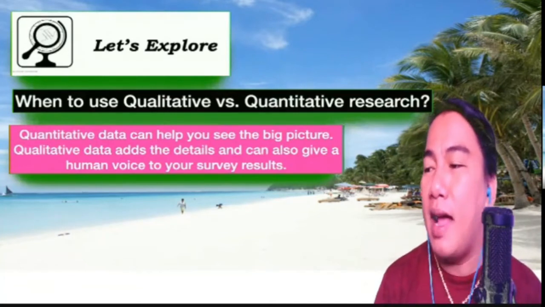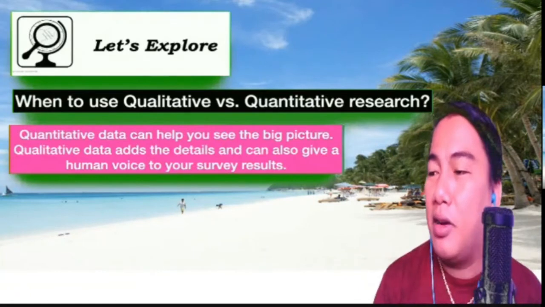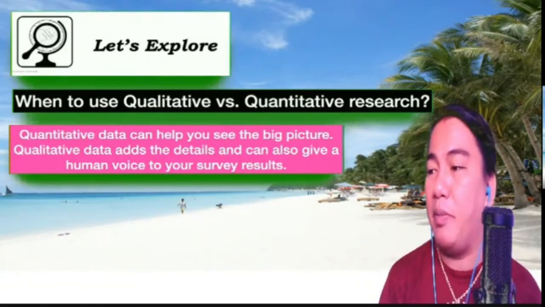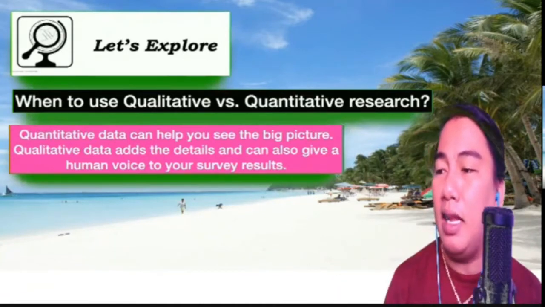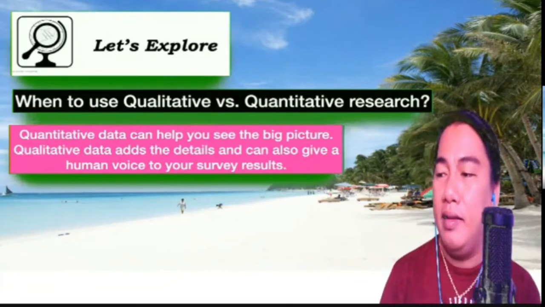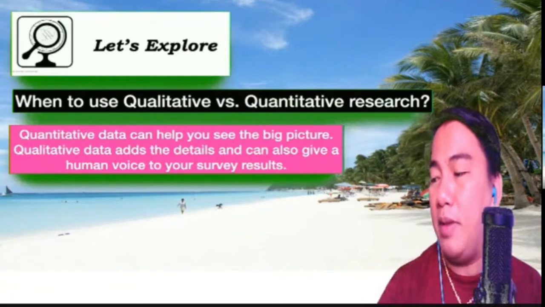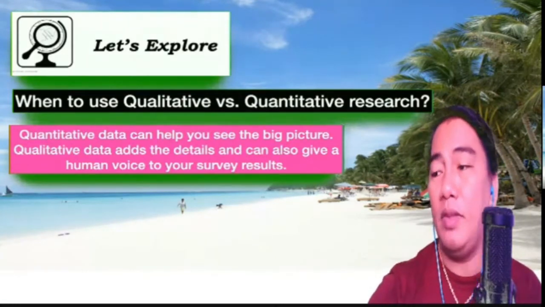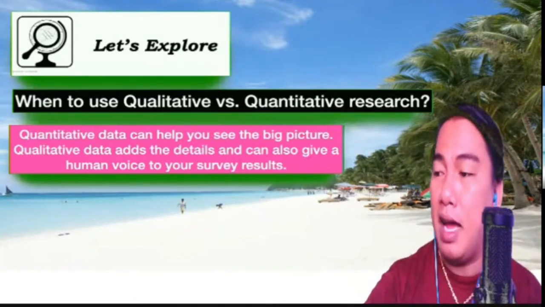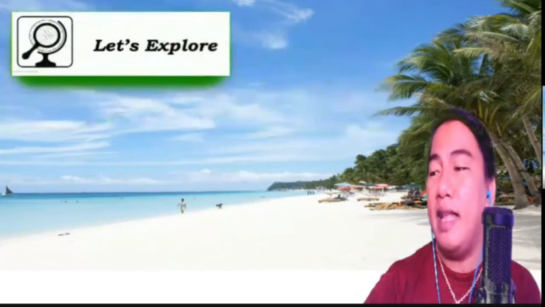Quantitative data counts, and the sample represents the totality or the whole population. But for qualitative data, the data speaks through qualitative information, through interviews. While quantitative data just counts how many, and then it represents the whole. Next, let's explore.